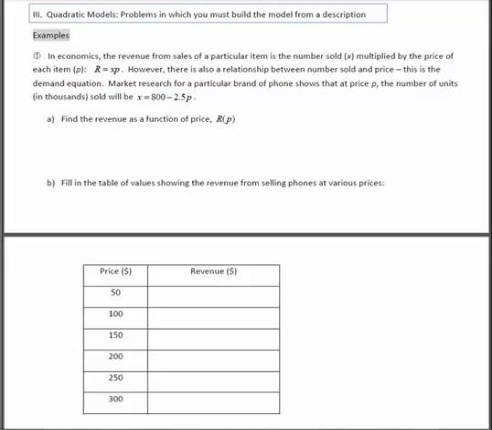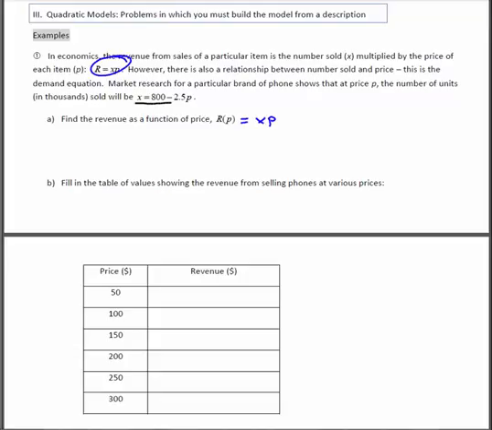Market research for a particular brand of phone shows that at a price P, the number of units in thousands sold will be X equals 800 minus 2.5P. The first thing I want to do is find the revenue function for this phone as a function of price. So again, R of P equals XP was given to me.